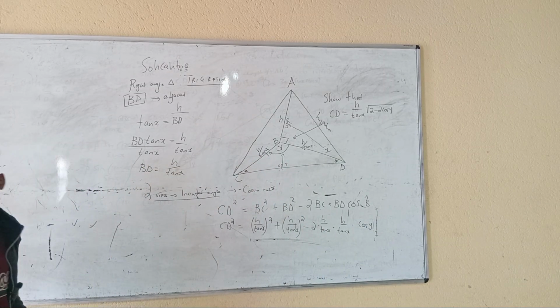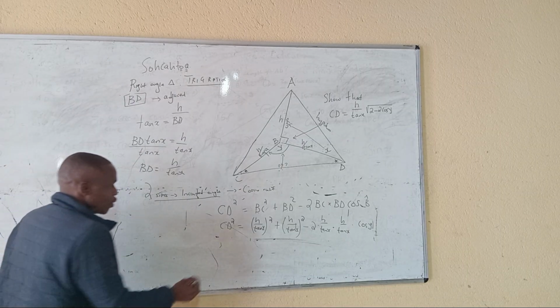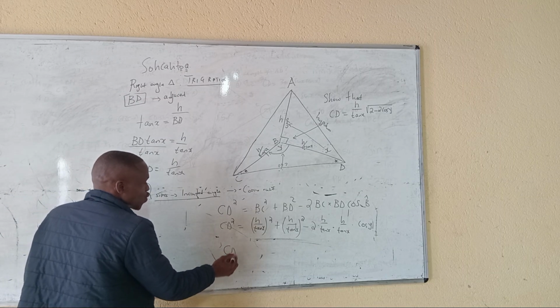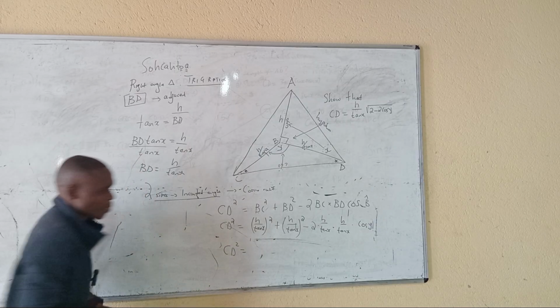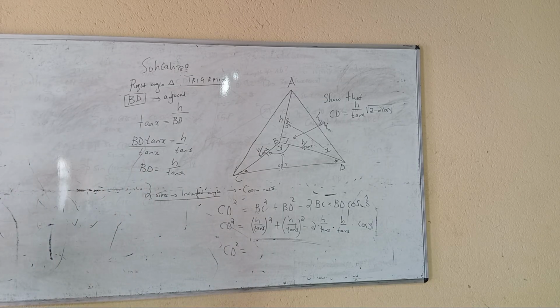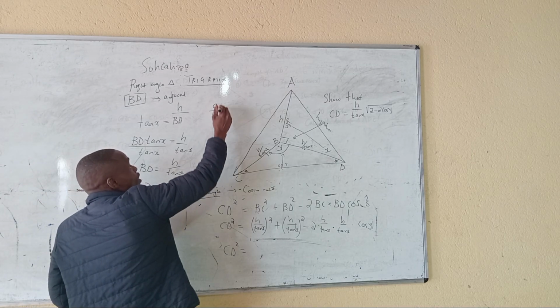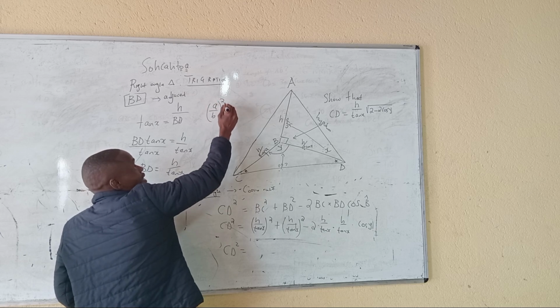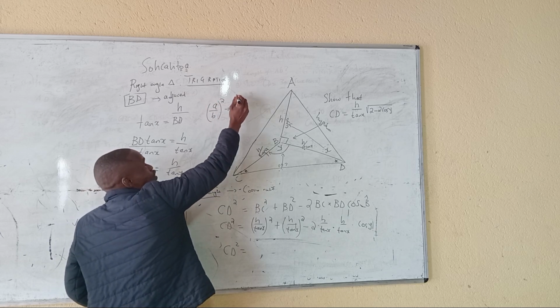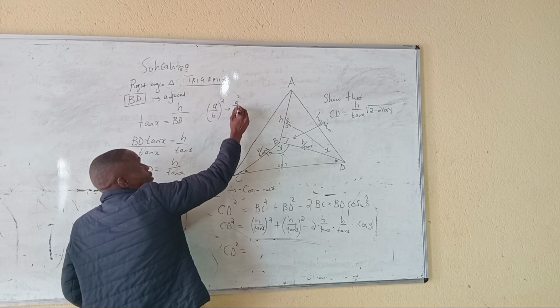Okay, from here, it's a matter of algebra now. You say CD squared equals, you can recall from laws of exponents that if you have A over B squared, it is the same as A squared over B squared.